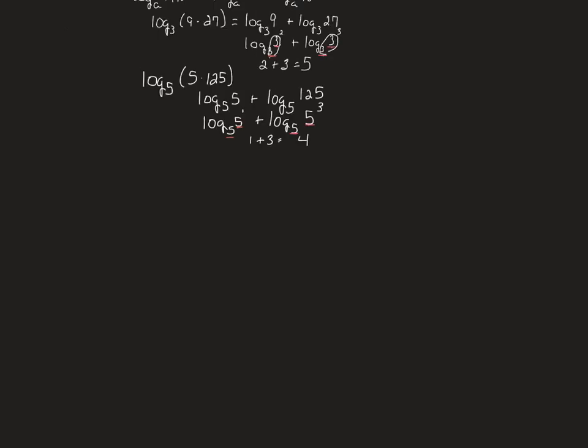Okay, now let's go the other way. Let's see that if we have it expanded, how we can condense. I have the log base 2 of p cubed plus the log base 2 of q. And I want to condense this.